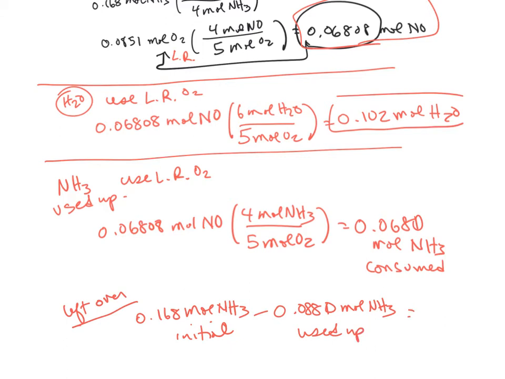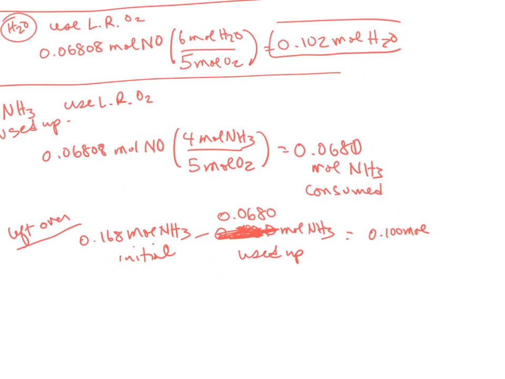Subtract those two, and that difference will be 0.1. So 0.1 moles of NH3 left over.